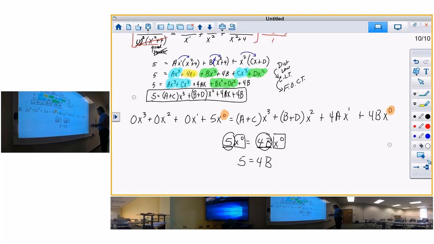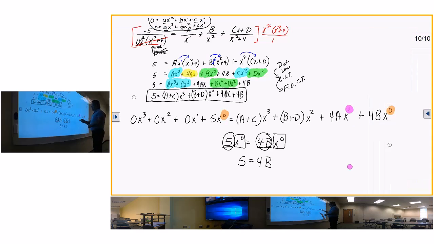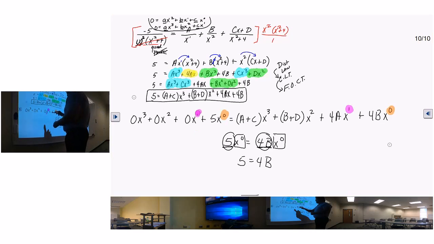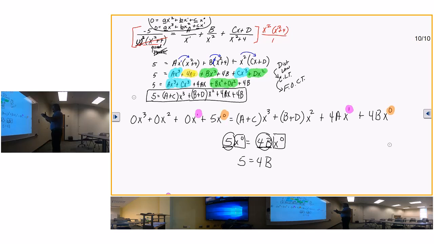Even though it's not going to help you very much, it will in a few minutes. Let me do magenta. Okay, x to the first. Well, x to the first is equal to that. So we'll set that equal to 0x to the first is equal to 4a x to the first. So therefore 0 is equal to 4a. Therefore a is equal to 0. You get it? So we'll do that next.